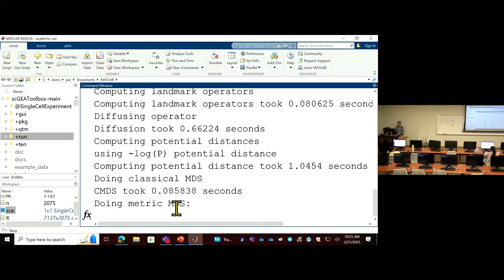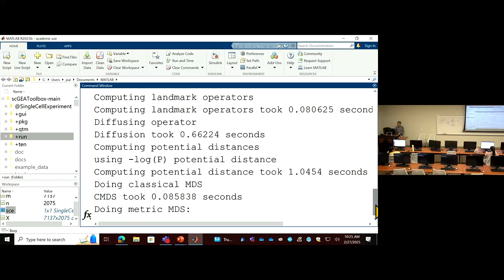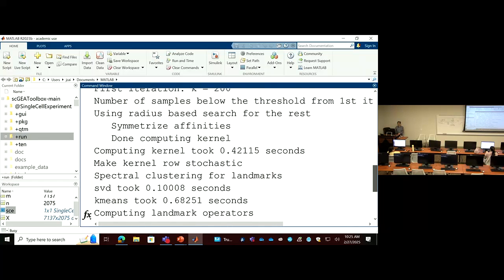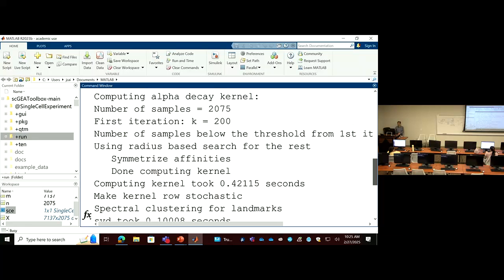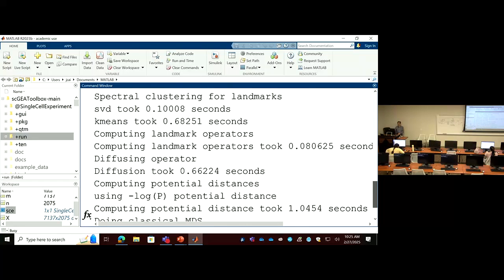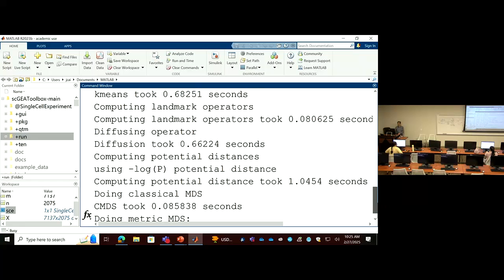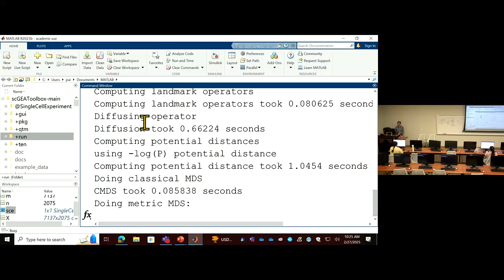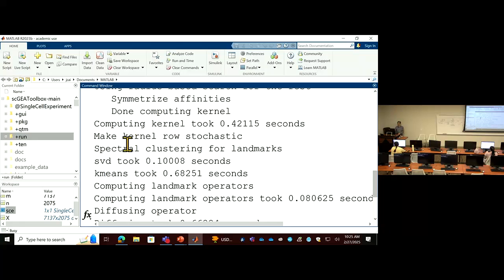You see at the end it's doing this MDS. The diffusion, the landmark chain computing, it used spectral clustering somewhere in the middle.